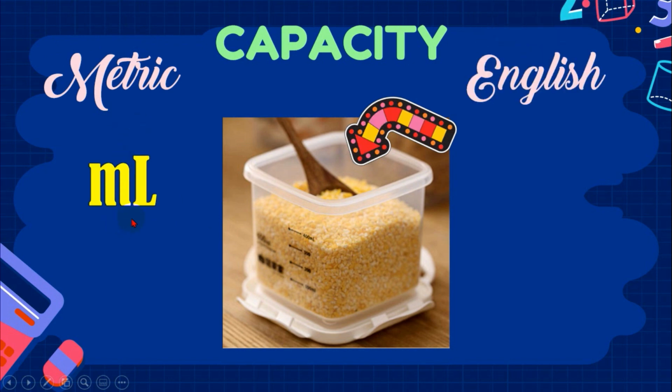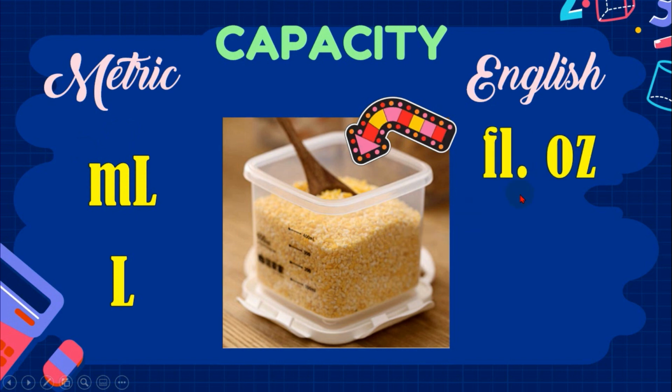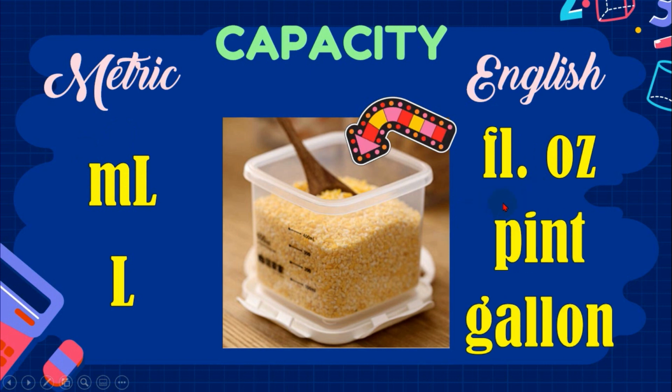For metric, we have the ml or milliliter and the L or liter. Usually, these are used for medicine, like how many ml of medicine to drink to get well. And for English, we have the fluid ounce, also used for liquid, and we have the pint and the gallon.